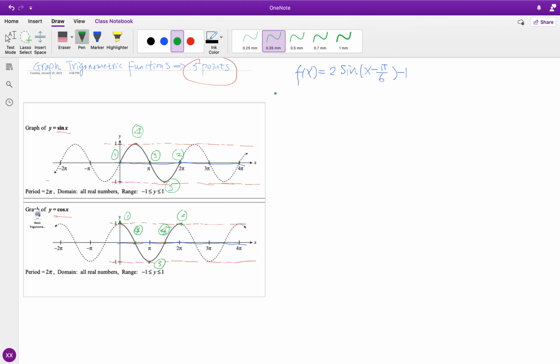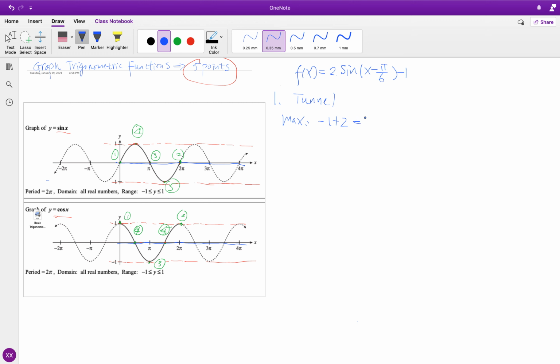Okay, so now our first step, so let's use blue. So step 1 is our tunnel. Okay, so now our tunnel, our ceiling, our max will be -1 plus 2. All right, so this will be our vertical displacement added on to our amplitude.